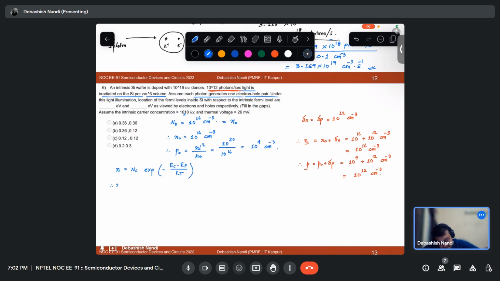Ni is the same NC exponential minus EC minus EI over KT. So if you just divide N over Ni, what will you get? You will get exponential of EF minus EI over KT. So your N is equal to Ni exponential EF minus EI over KT.